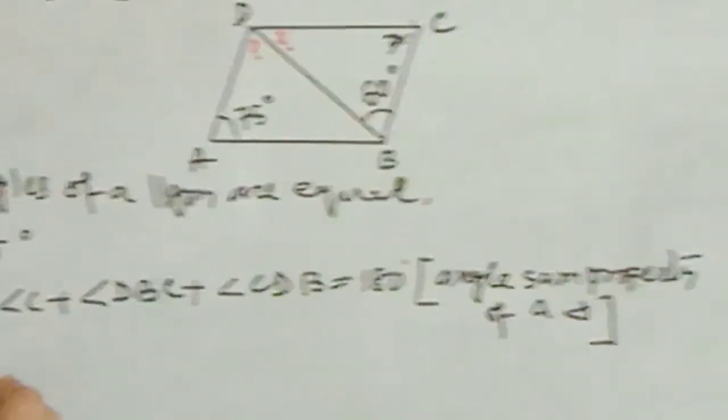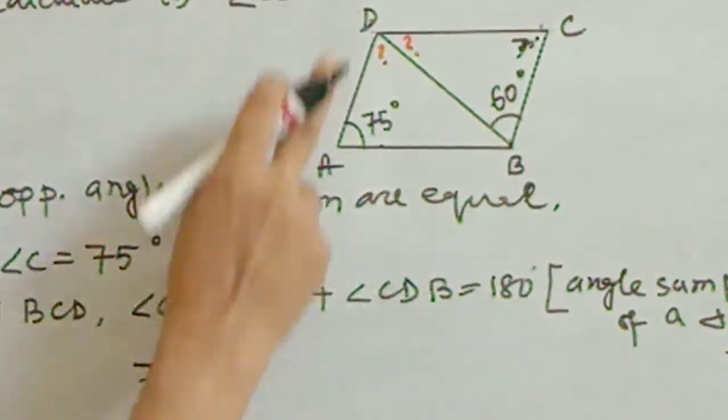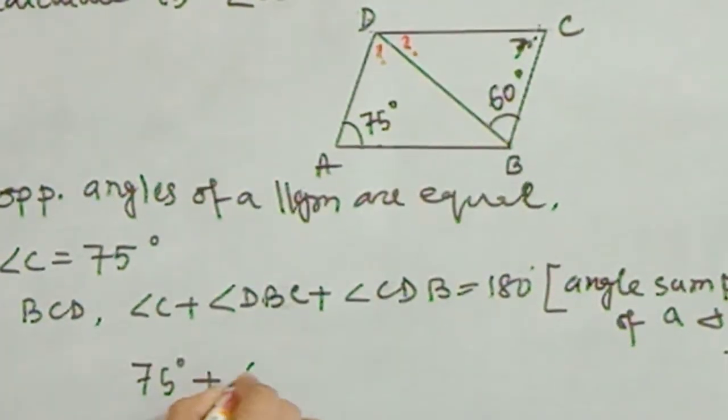Now angle C you know is 75 degrees. Angle DBC you also know is 60 degrees.